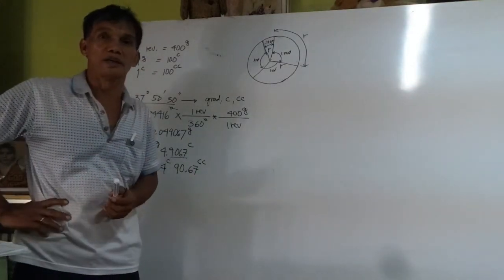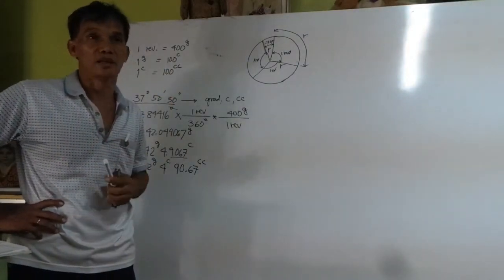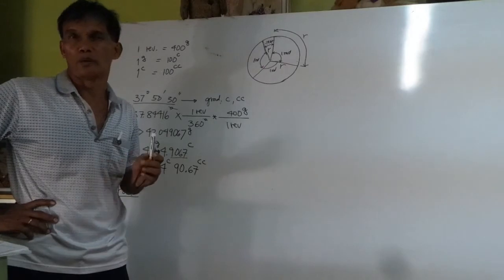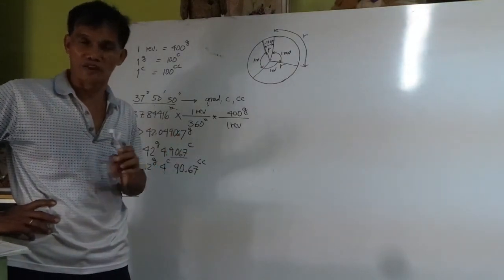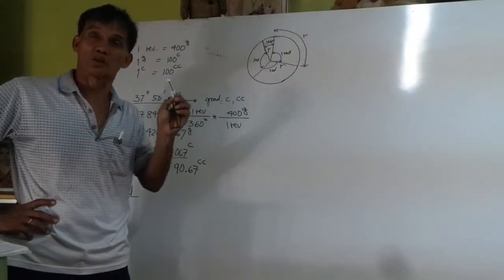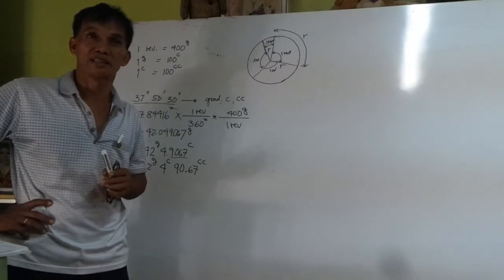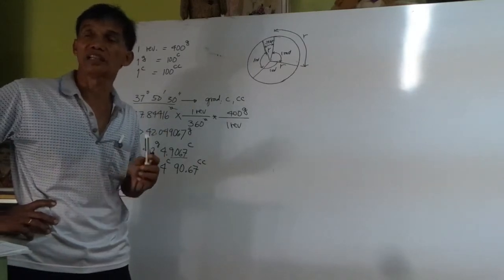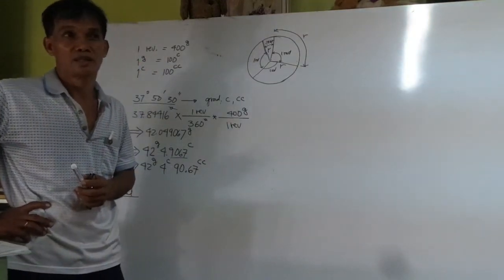Another set of units in surveying is the area units. For area, we will be using square yard, square feet, and square meter. Then you have hectares, which is equivalent to 10,000 square meters.